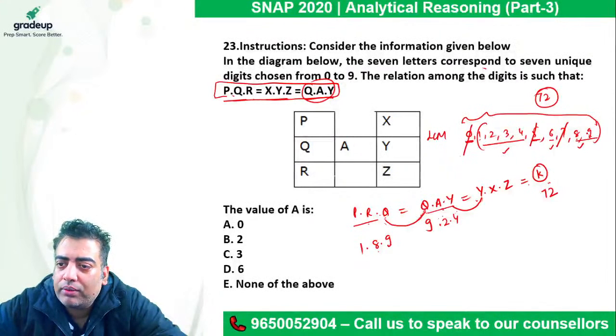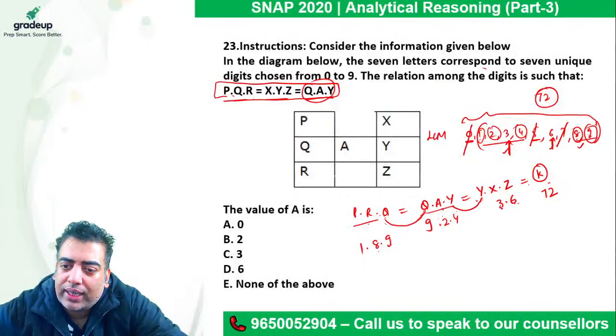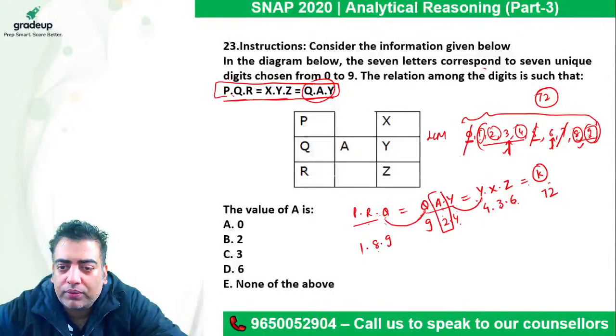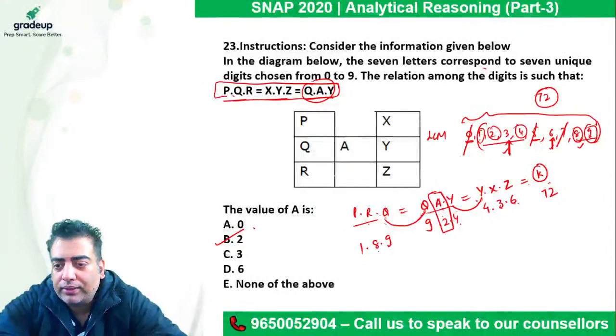For the same 9, 8, 1 are placed along with 2 and 4. Leftover is 3 and 6, which will definitely occupy this place. 3 into 6 is 18 and 18 into 4 is 72. So 4 must be the common value here. Now the only value which is possible for A is 2. So the correct answer option comes out to be B.